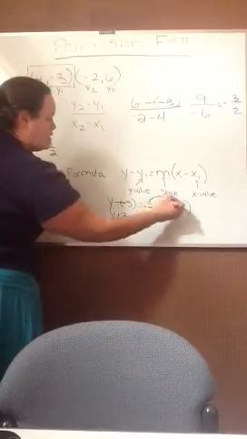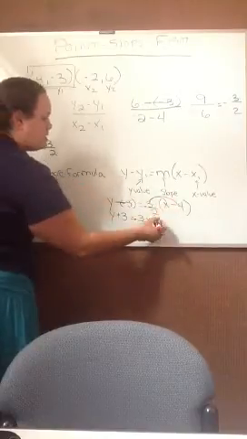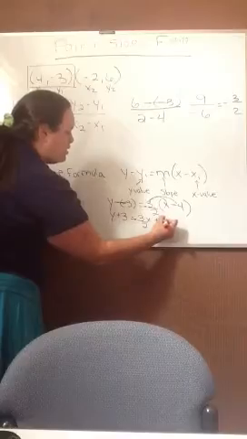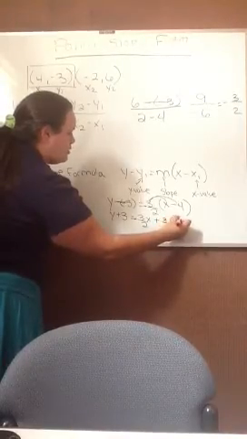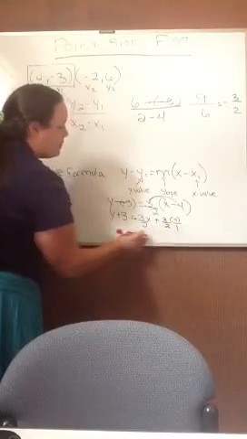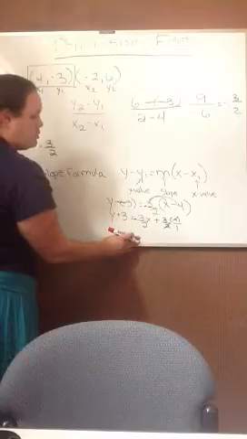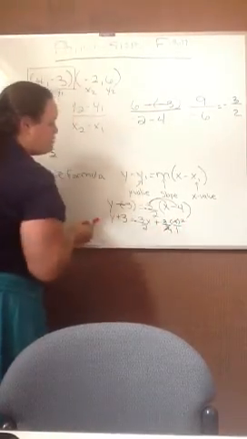And then when I distribute to my 4, I have a negative times a negative, which gives me a positive. And I'll have 3/2 times 4. This 4 and this 2 can be reduced to 2 and 1.